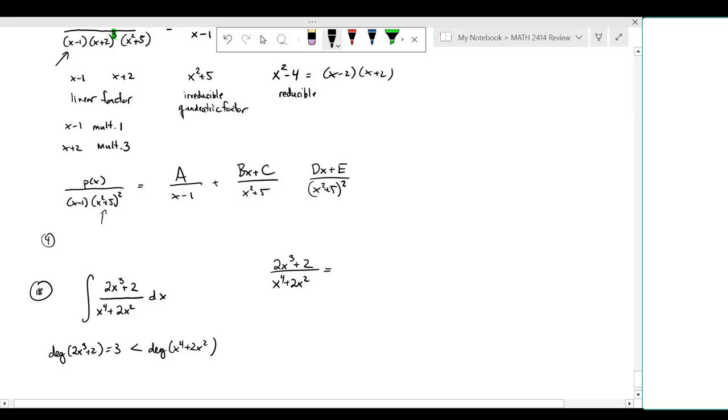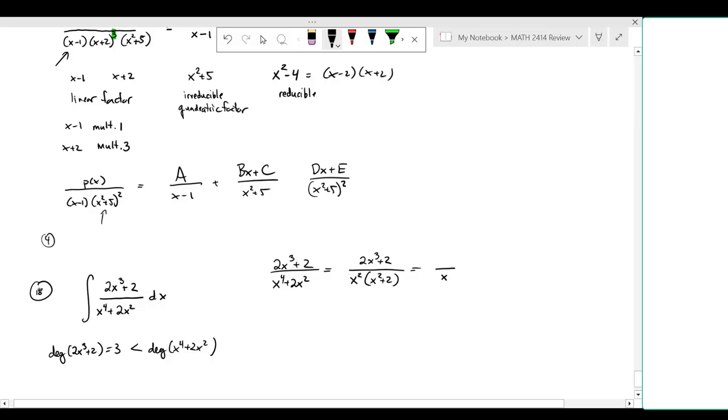We first factor the denominator. So apparently we can just factor out an x squared. Okay. All right, so that x squared, how are we going to think of it? Like a linear factor or an irreducible quadratic factor?